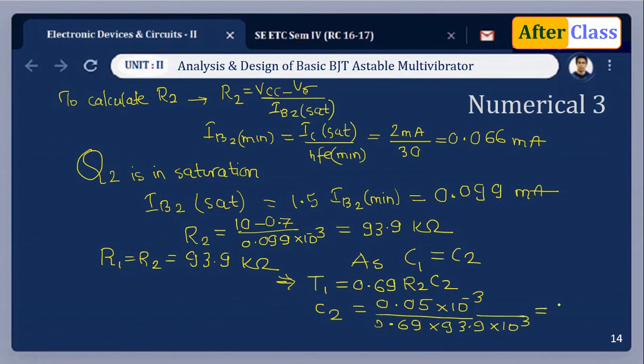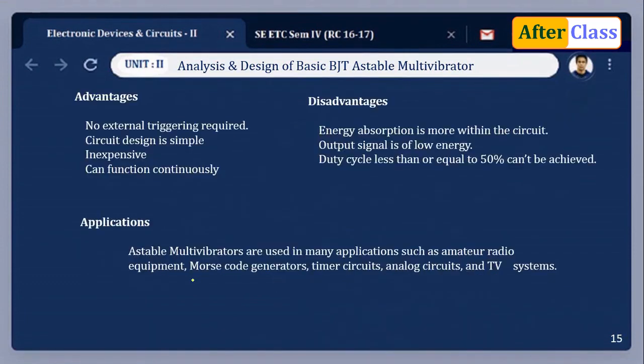So this equals 771.7 picofarad, and as C1 equals C2, the value of C2 again is 771.7 picofarad. So our design is complete. We are able to get the values of R1, R2, RC and C1, C2. So this completes our design problem.